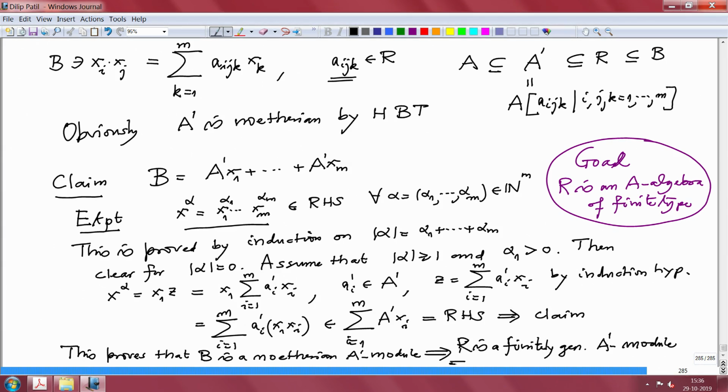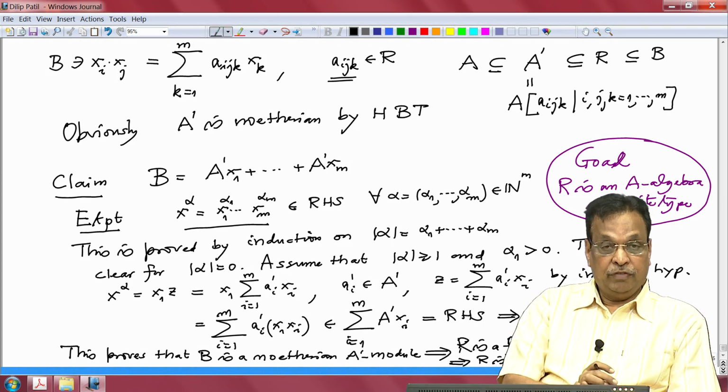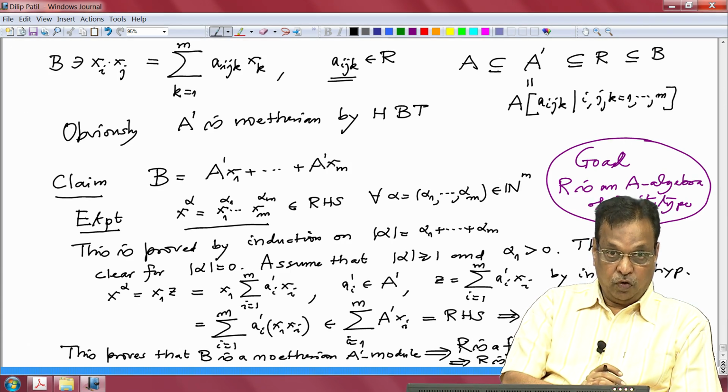So that will prove that R is an A algebra of finite type. That is what we wanted to prove. So this proves Lemma 1 completely, and then I will take a short break, and after the break we will complete the proof of HNS3. Thank you very much.